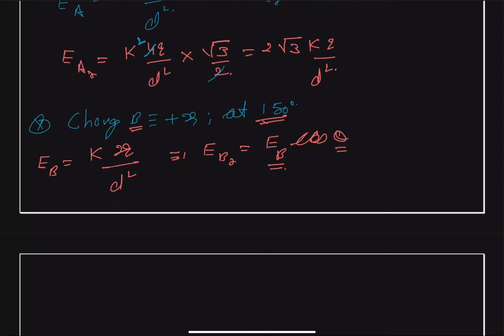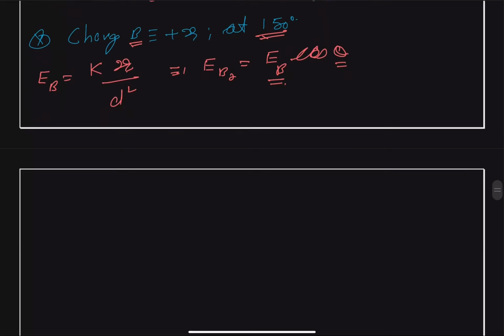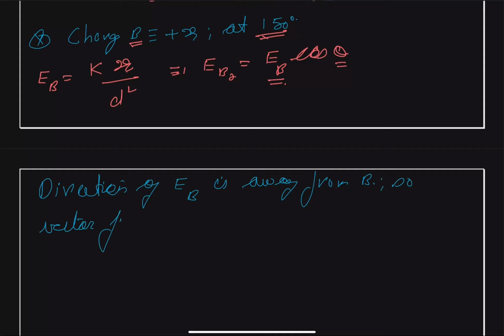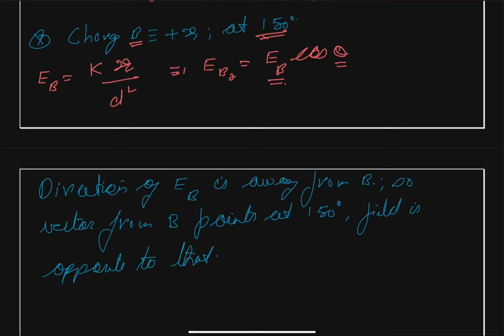So we can say that the direction of EB is away from B. So the vector from B points at 150 degrees, and the field is opposite to that.